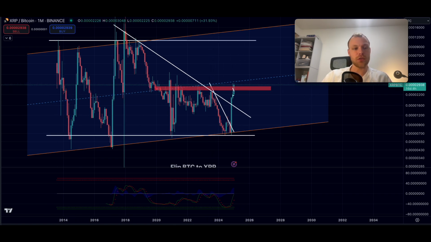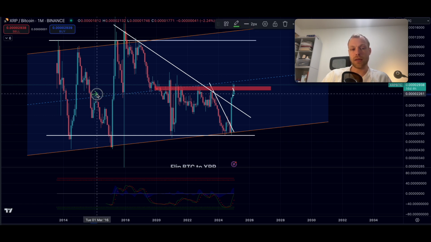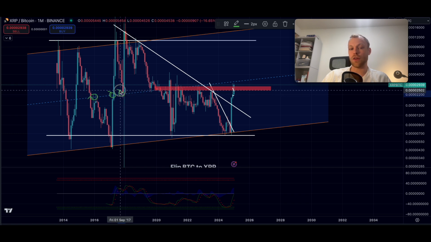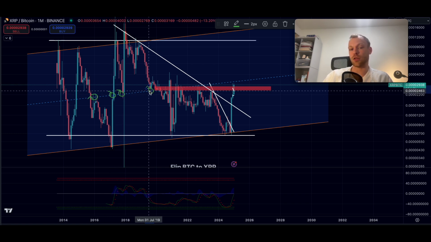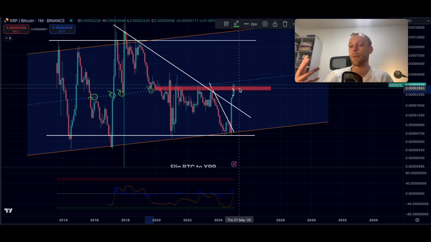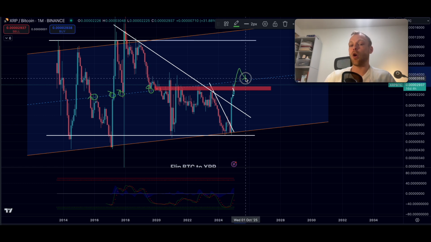The middle of the channel, as you can see right here, has often been acting as a very big level of interest. It has either acted as resistance, or when we blast through straight up and it comes back down, it has acted as support. The moment we traded below it, it took a very long time. Actually, the moment we traded below this, we never really broke above this level again and held it.